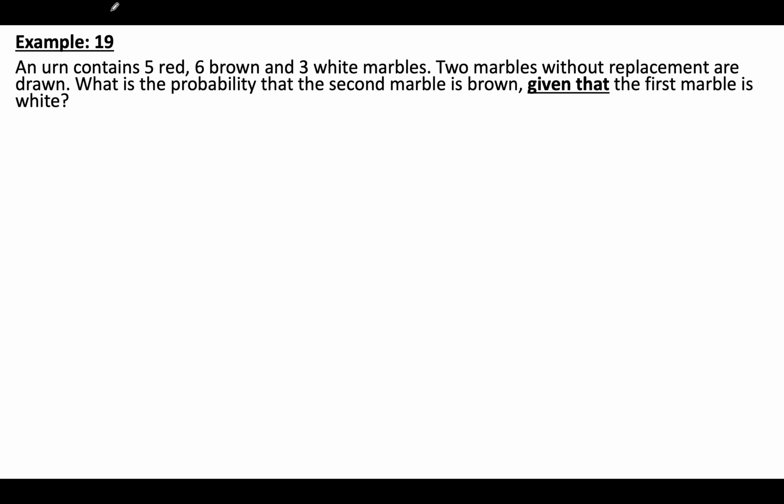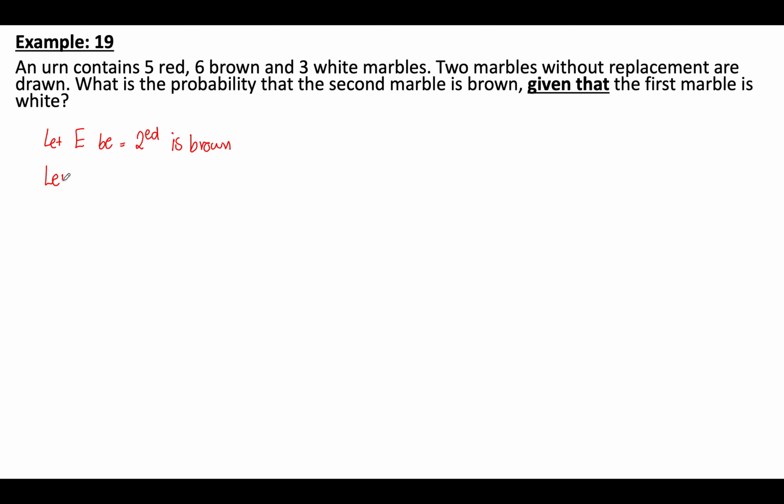Okay, so let's suppose an urn contains 5 red, 6 brown, and 3 white marbles. 2 marbles are drawn without replacement. What is the probability that the second marble is brown given that the first marble is white? So let's say that let E be the second event, which is the second marble is brown.